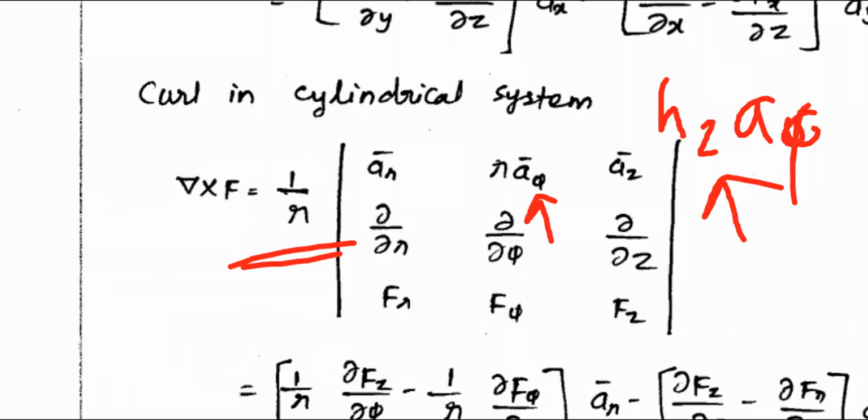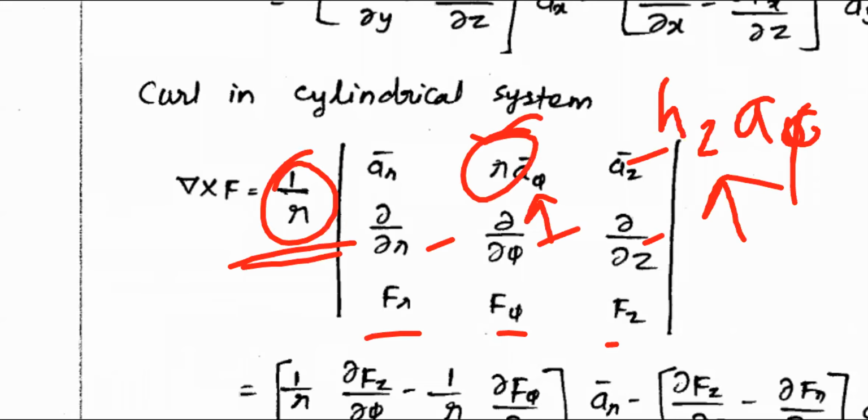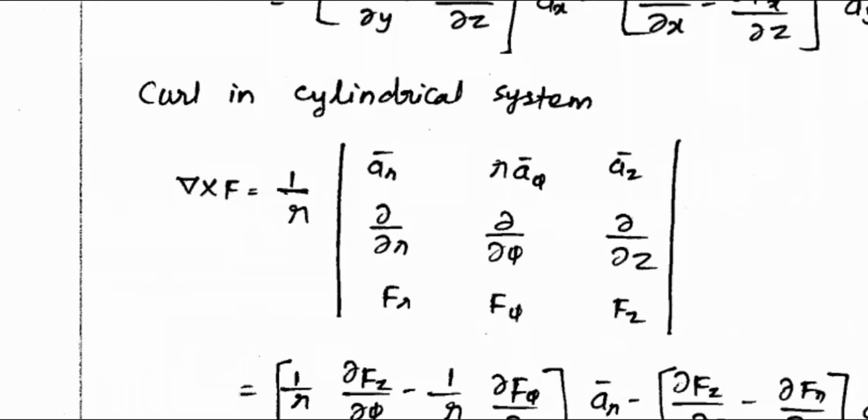Then what is h2? h2 is r. The remaining you do as usual. Then finally you will get an answer. Once you put these parameters correctly, everything is simple as usual. Then finally you calculate the determinant of the matrix.